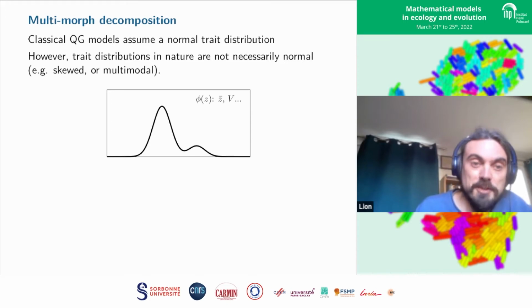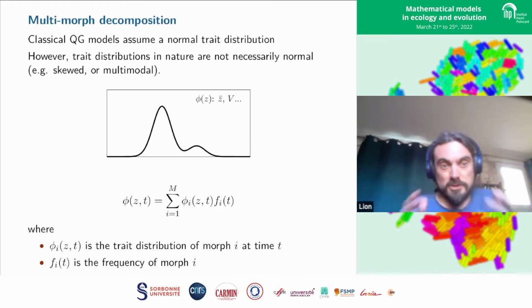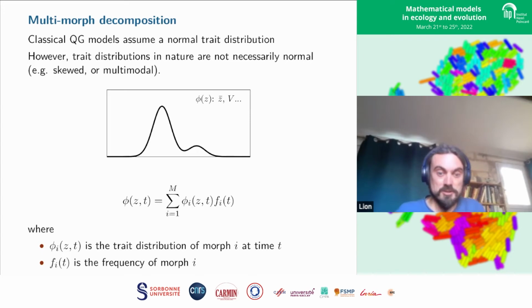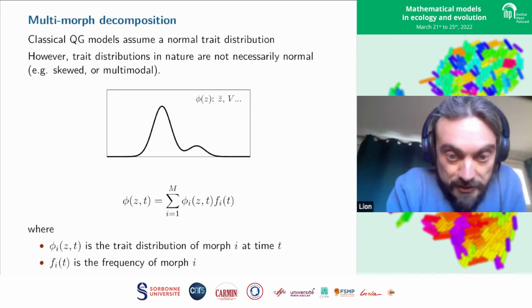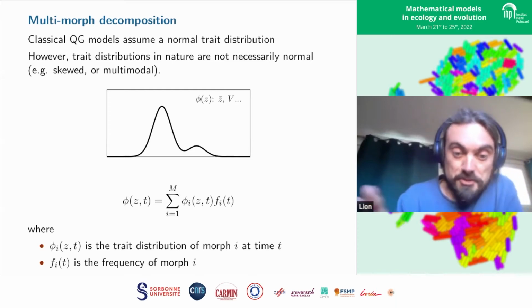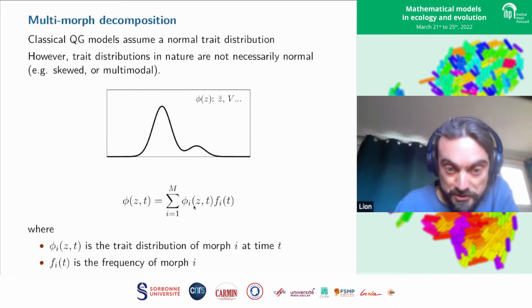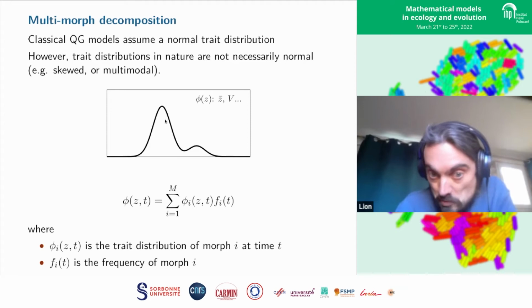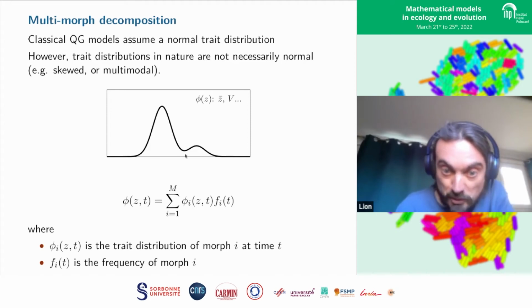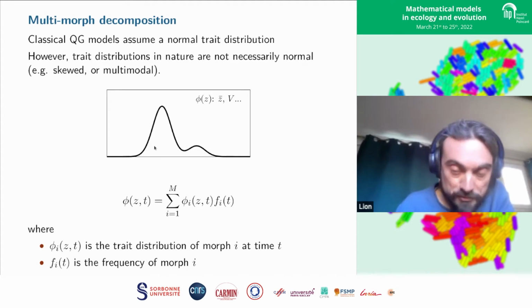One of the ideas that Sasaki and Dieckmann introduced in that paper was to use a multimodal decomposition, where you write the distribution at the population level as a mixture of morph distributions. It's the sum over all morphs, where we have m morphs here. Say this one peak here would be one morph, and this other peak would be another morph. We have some flexibility in how we define morphs.